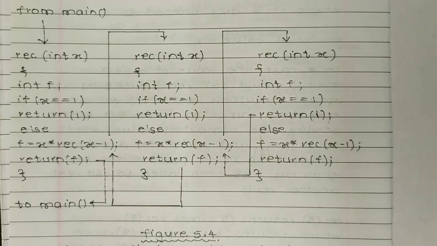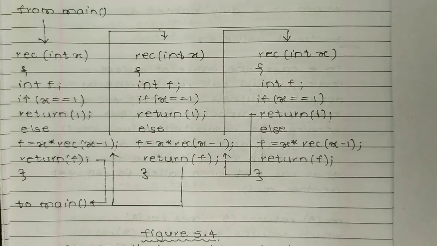So the else statement will be carried out again. f is equal to 2 star rec of 2 minus 1, that is 1. So 2 minus 1 is 1. So rec 1 will be carried out.